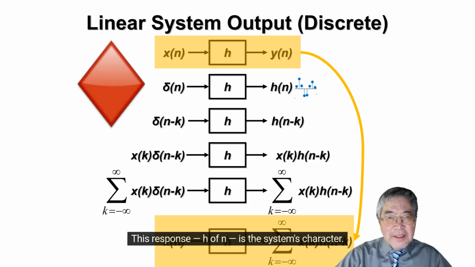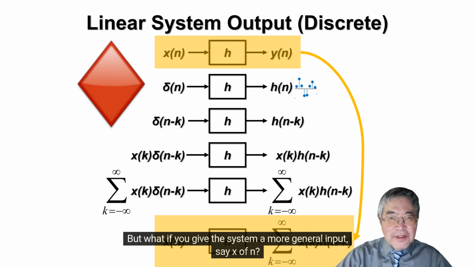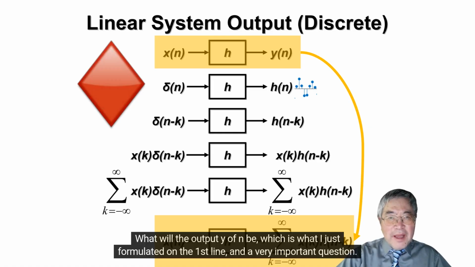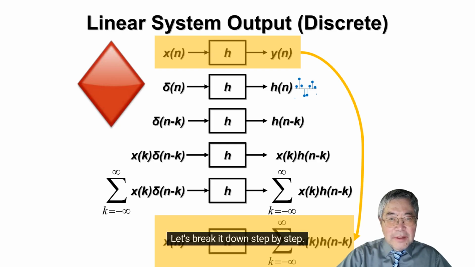This response, h of n, is the system's character. But what if you give the system a more general input, say x of n? What will the output y of n be, which is what I just formulated on the first line, and a very important question. Let's break it down step by step.